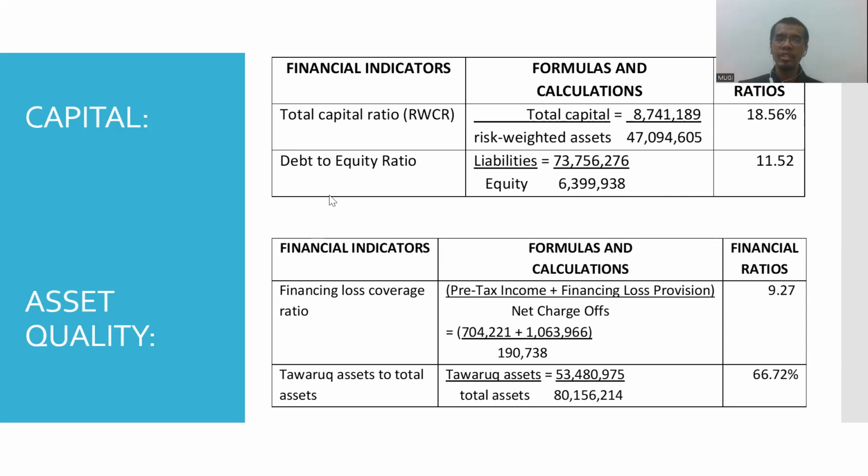And the next ratio is the debt to equity ratio. The formula is total liabilities divided by total equity. And the numbers I get from the financial statement are 73.7 divided by 6.4, and the financial ratio is 11.52 times. I believe it's also a very good number, very low.